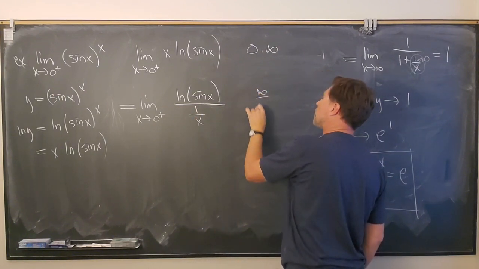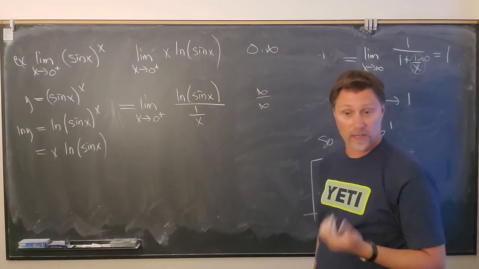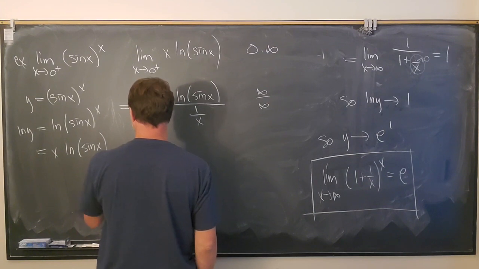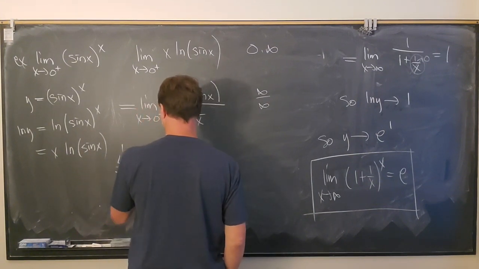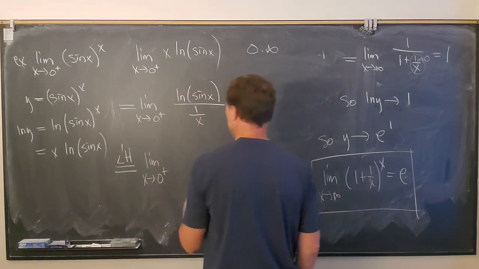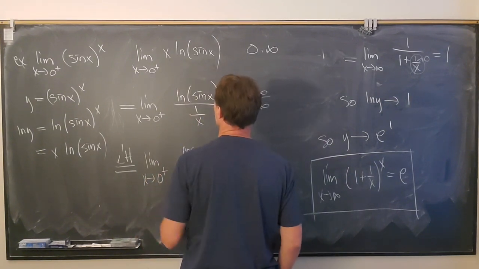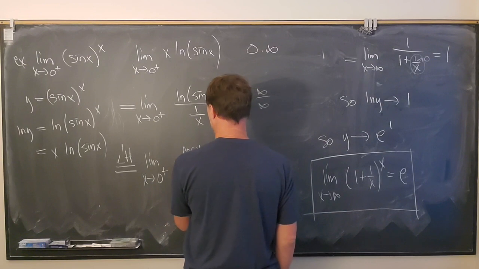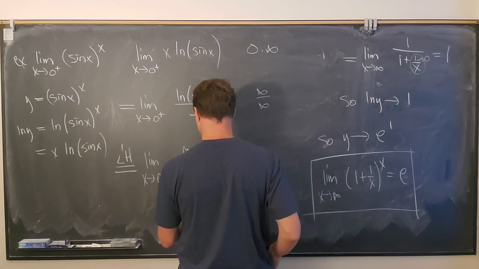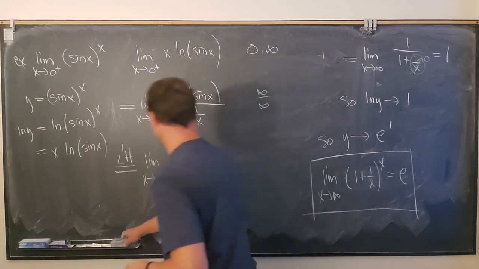This is indeterminate of type infinity over infinity. Now I can apply L'Hopital's rule. So I get the limit as x goes to 0. The derivative in the top is going to be cosine of x over sine x, divided by negative 1 over x squared.